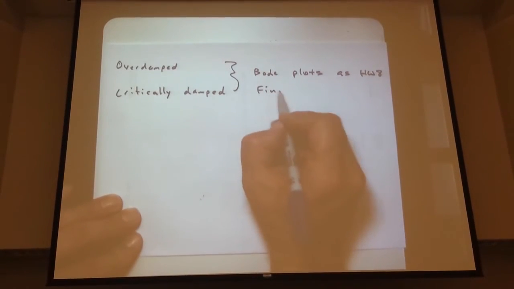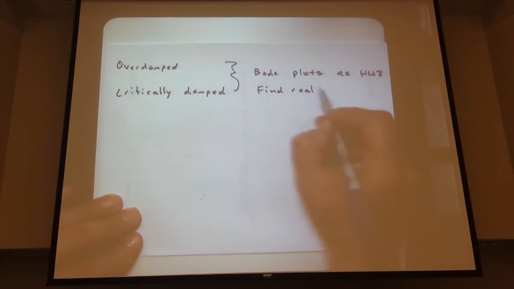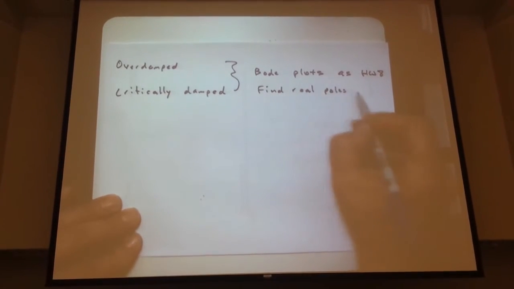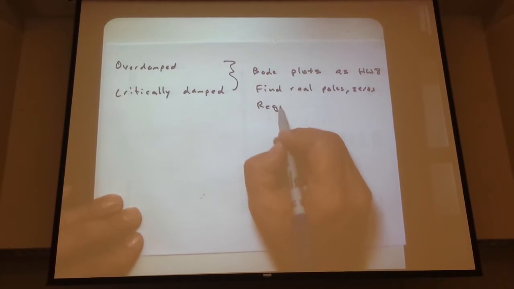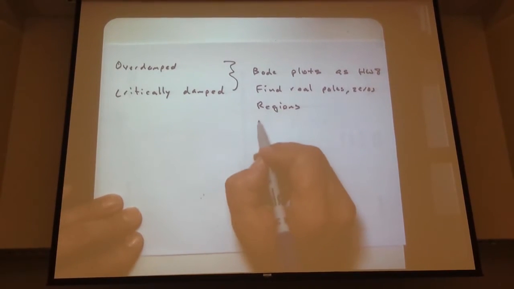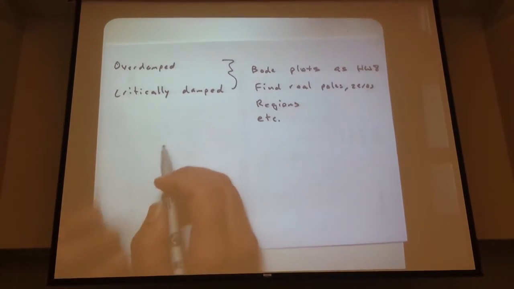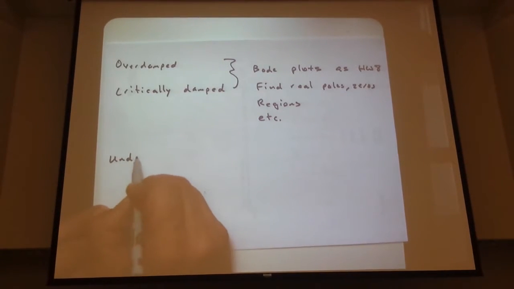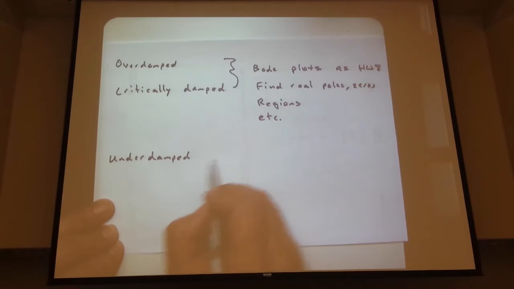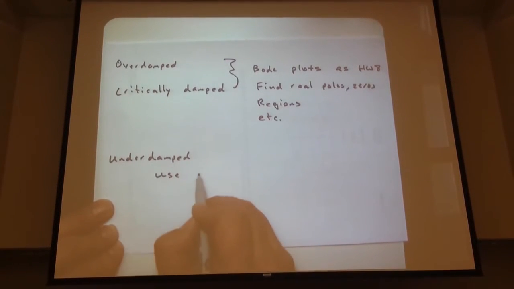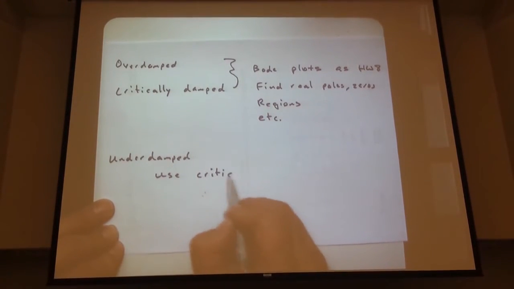Find real poles, zeros. Regions, etc. Underdamped: use critically damped approximation.